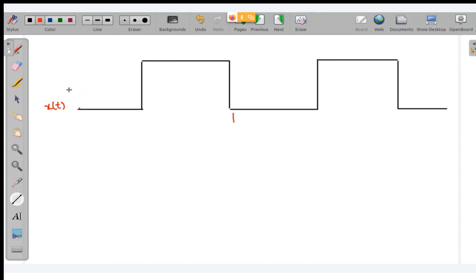One of the sine waves might look like this. Another will look like this. One more we will have.